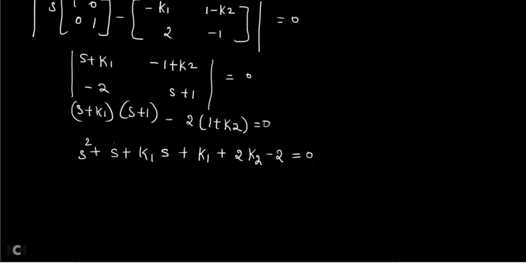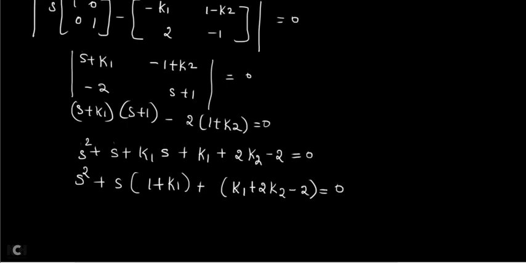Now let me group all s square terms once, and all s terms once. Grouping the s terms, you get 1 plus K1. Then grouping the s power 0 terms, you get K1 plus 2 K2 minus 2 equal to 0. This is your design equation.